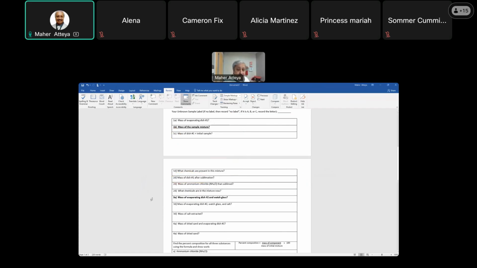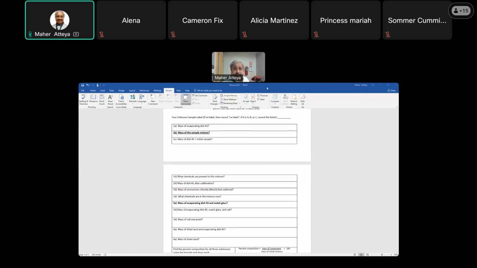So here it is, 2D, oops, sorry. It's taking this one very quick. So this one here is, we said, 1A plus 1B. This is the mass that you have to weigh. So the mass of sublimed ammonium chloride will be 2D minus 1C.